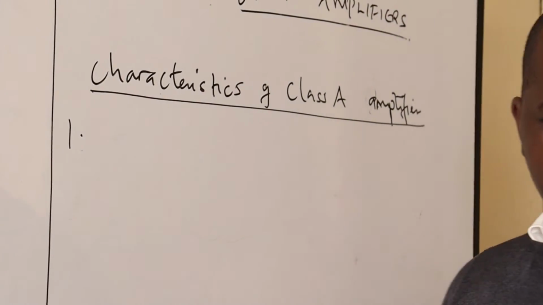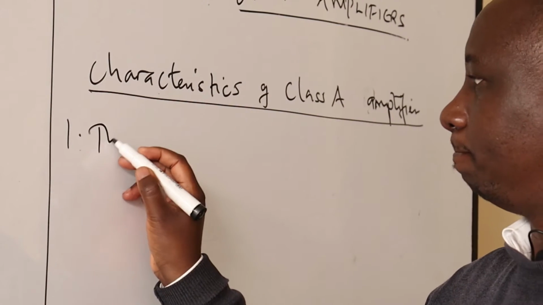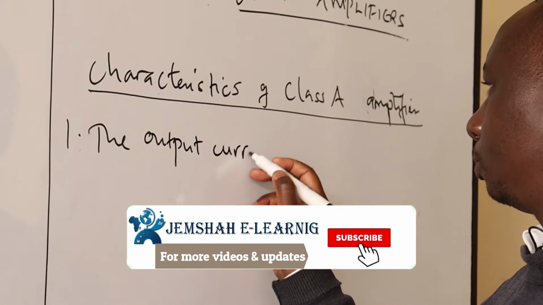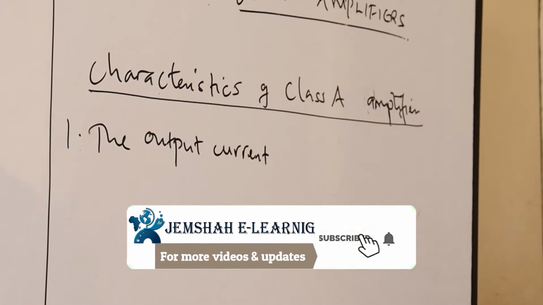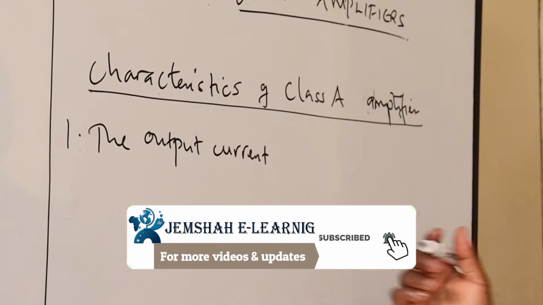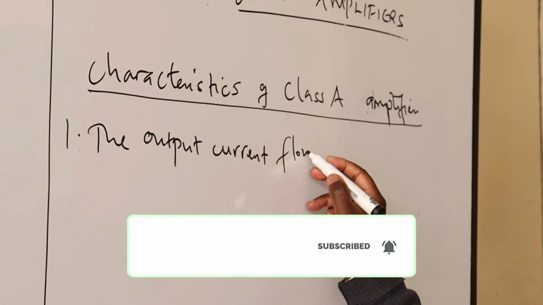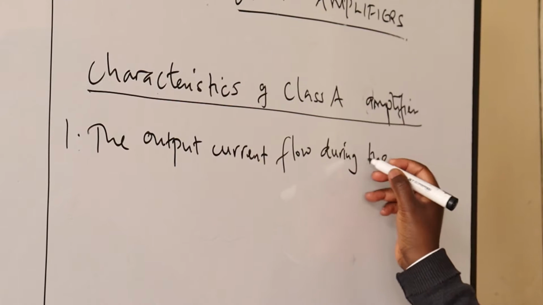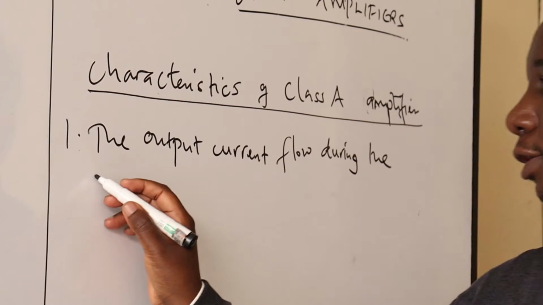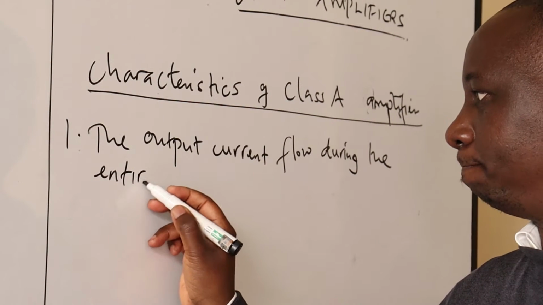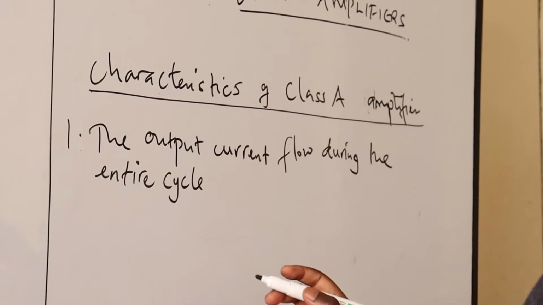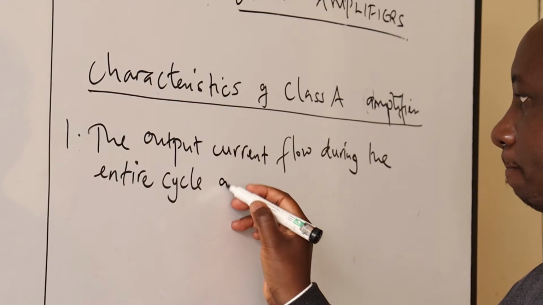Number one, the output current flows during the entire cycle of the AC input signal.